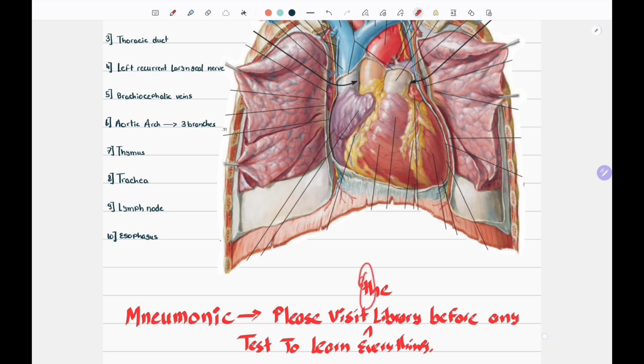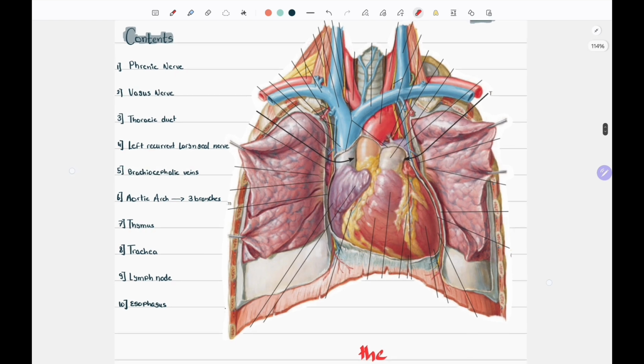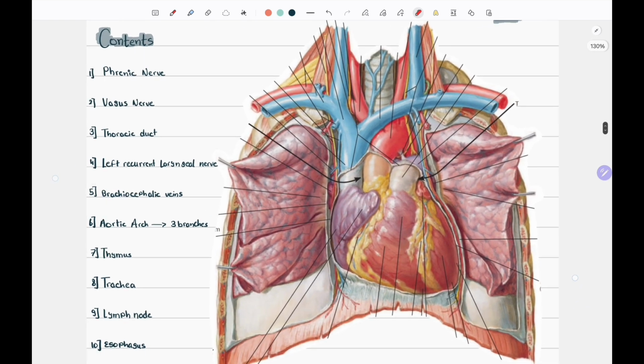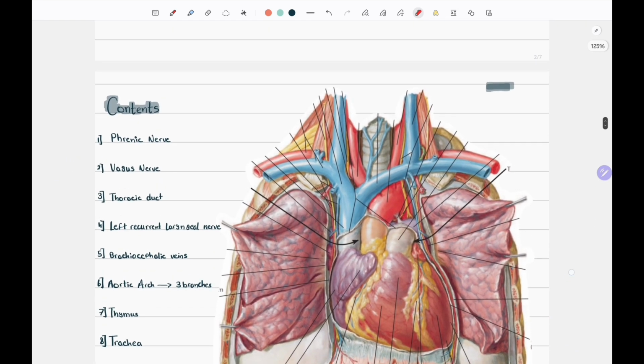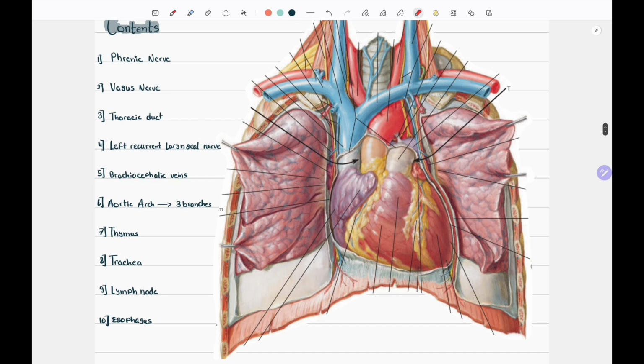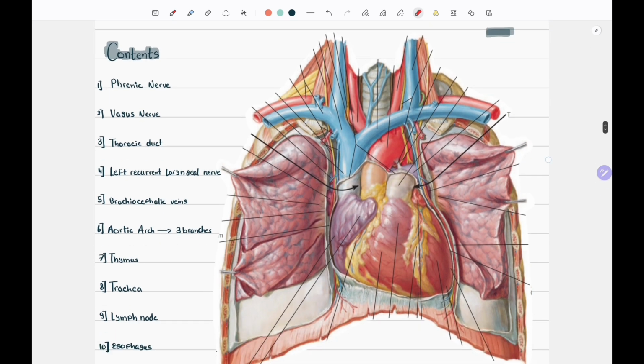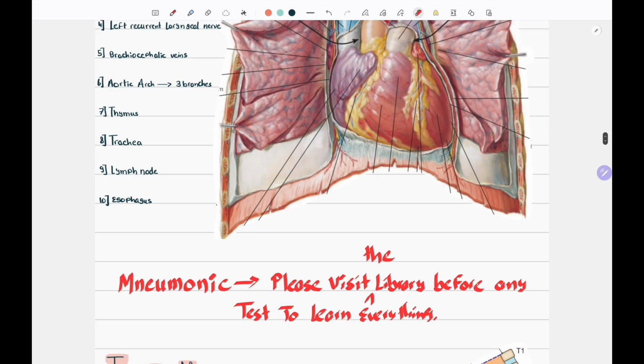T stands for thoracic duct, L stands for left recurrent laryngeal nerve, B for brachiocephalic veins, A for aortic arch, T for thymus, T for trachea, L for lymph node, and E for esophagus. This is the way I used to remember the contents of superior mediastinum. If you can make your own mnemonic, it's far better, but I found this way simple to learn.